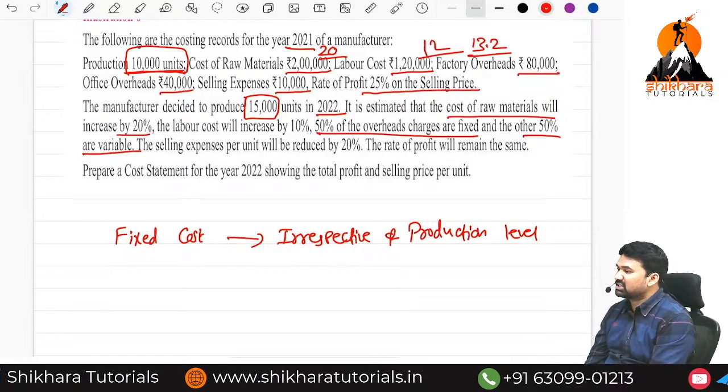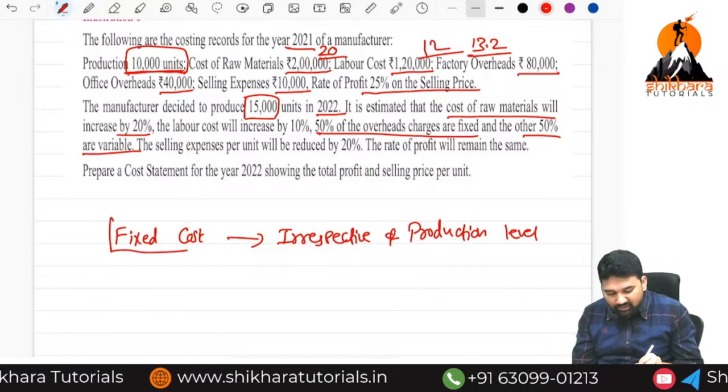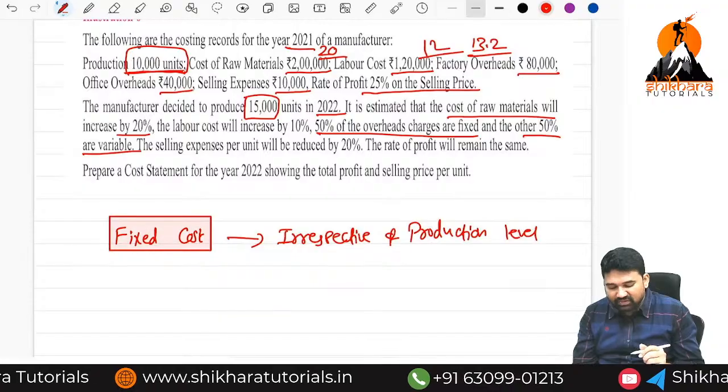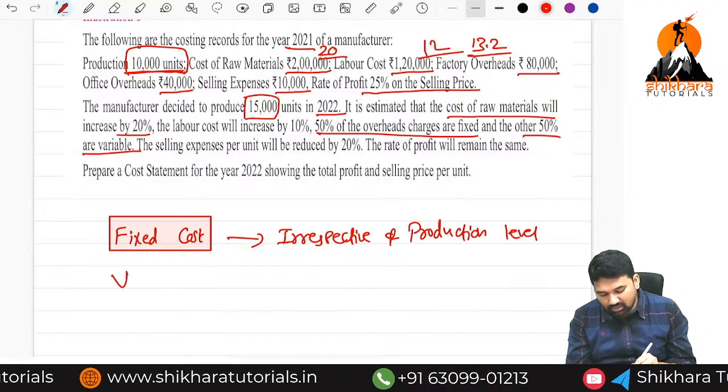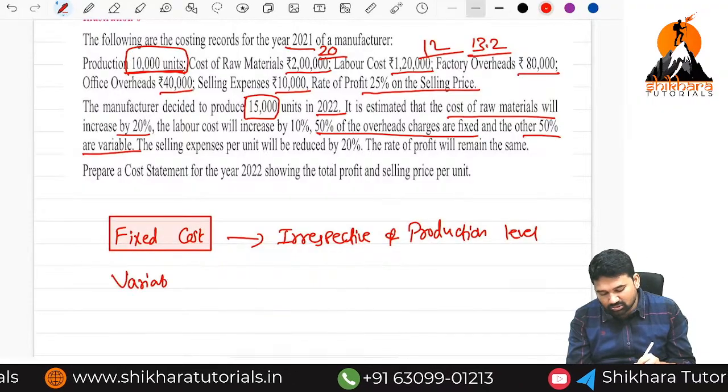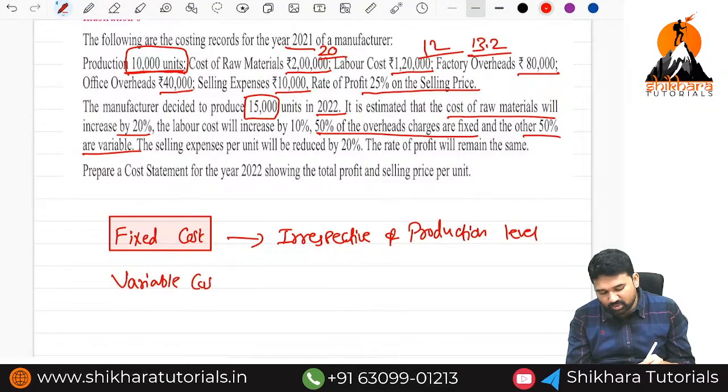Irrespective of production level, the costs are fixed in the nature of fixed cost, and there is also other cost. Those costs are variable costs.